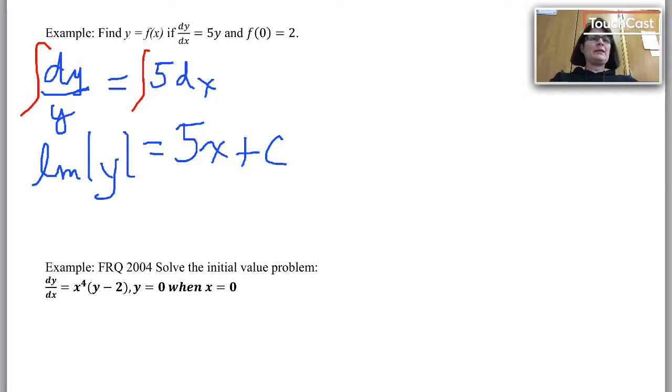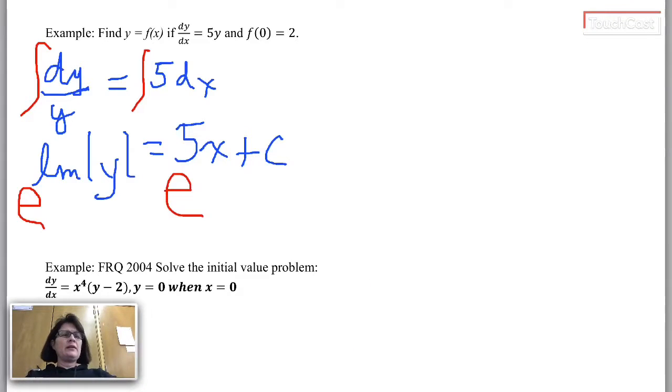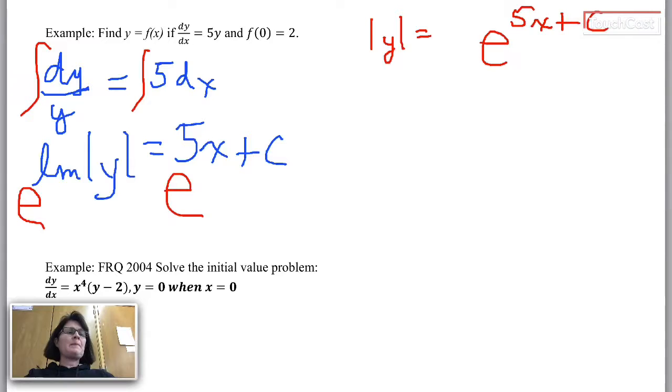So I'm going to exponentiate both sides. I'm going to make e the base, and the two sides I had are going to become the exponents on the e's. Let's move me over here, and I'm going to say that now the absolute value of y is equal to e to the 5x plus c.